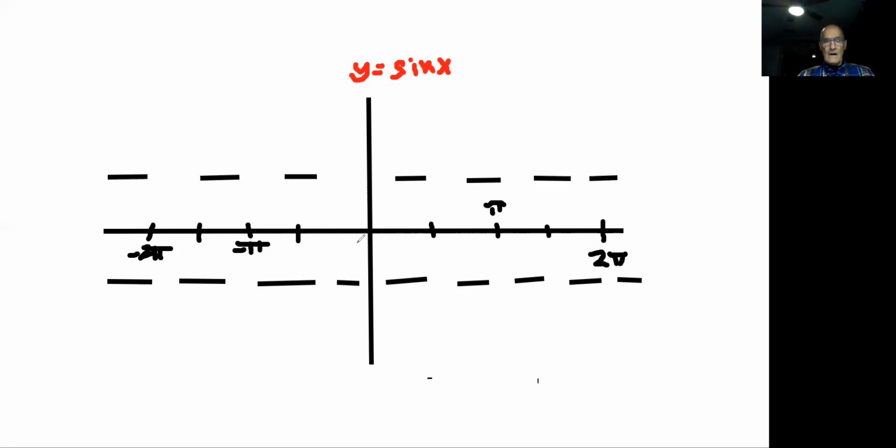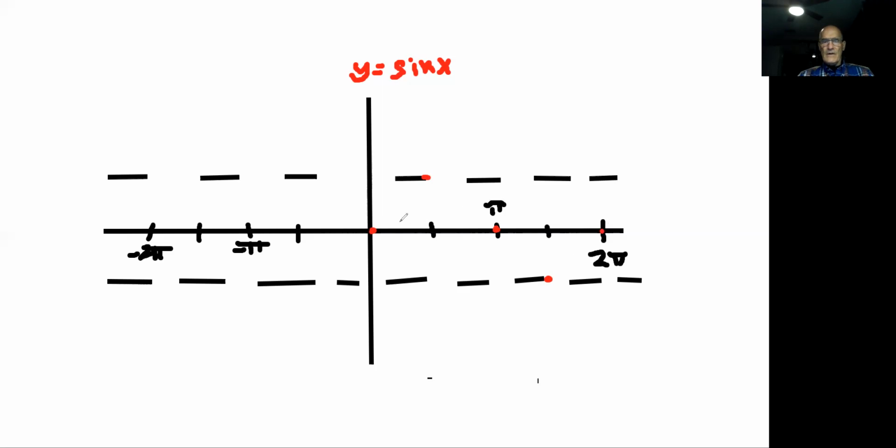So at 0, the y coordinate is 0. At pi over 2, the y coordinate is 1. At pi, the y coordinate is back to 0. At 3 pi over 2, it's down to minus 1. And then at 2 pi, it's back at 0.